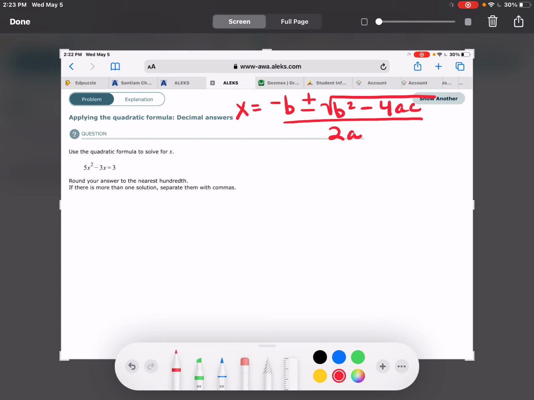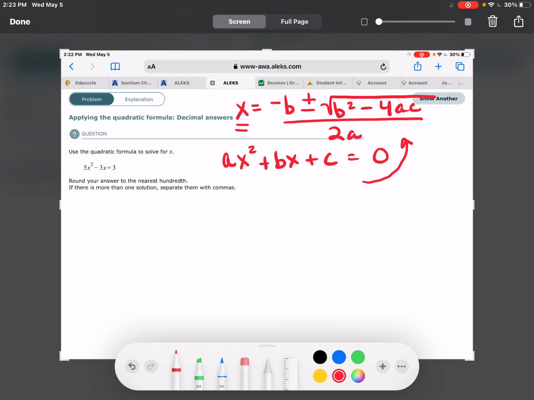All right, so if we're thinking about this equation, ax squared plus bx plus c equals 0, we can find out what a equals, what b equals, and what c equals, and then we can use this formula to generate what x equals.